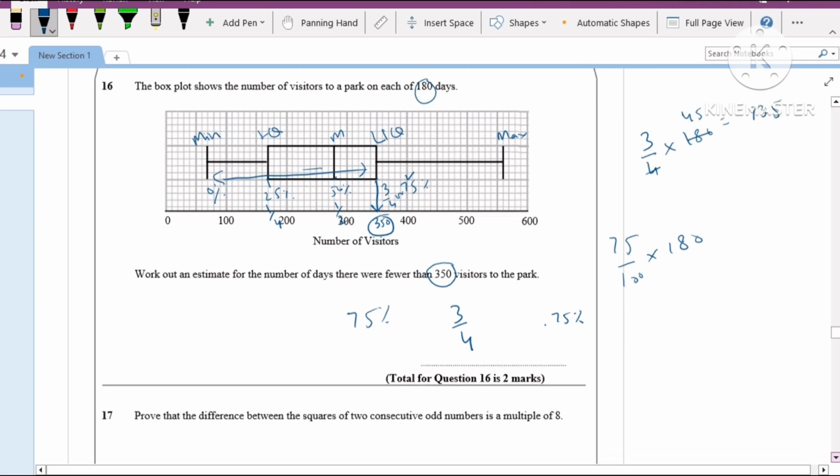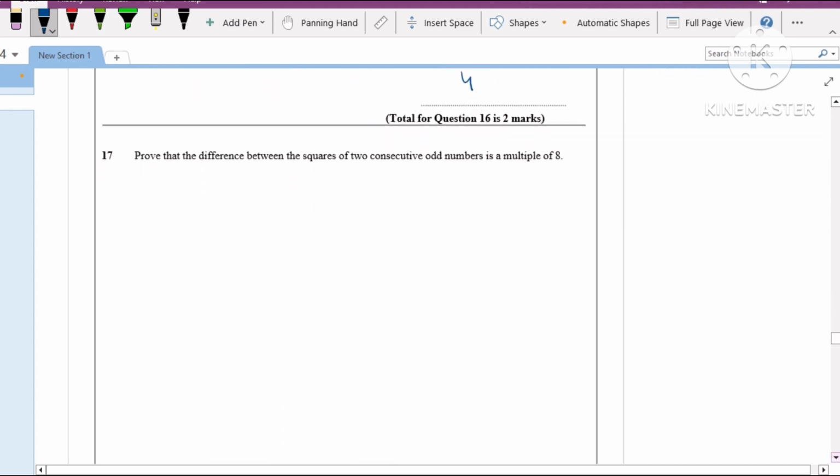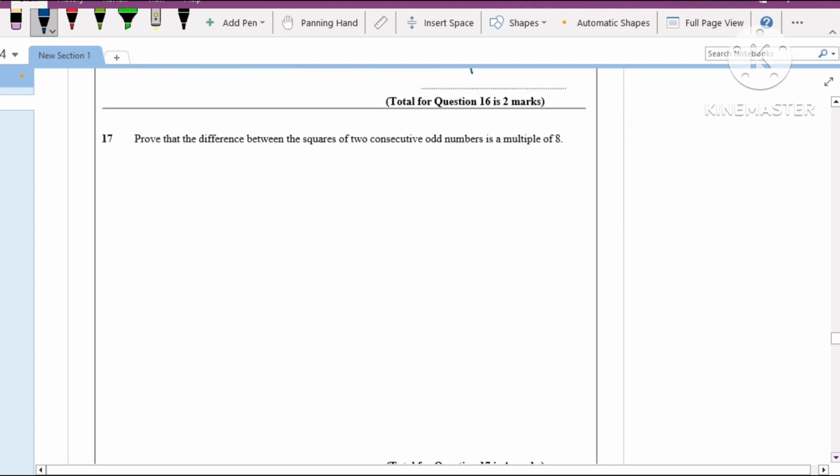Question number 17. Prove the difference between the squares of two consecutive odd numbers is a multiple of 8. Remember the formula for an even number is 2n, and for an odd number is 2n plus 1.